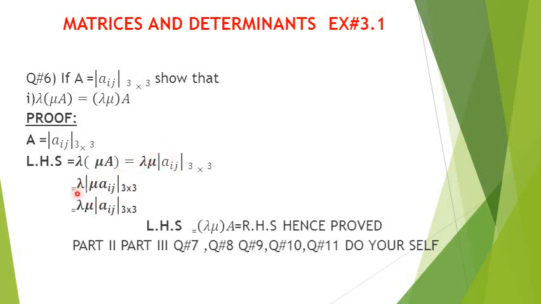So lambda is outside the matrix, mu is inside the matrix. So lambda mu A of ij 3 by 3. Now you can see that mu is outside the matrix, so lambda mu A of ij 3 by 3. So you can see that again the matrix is the same A, so lambda mu of A is the right hand side.